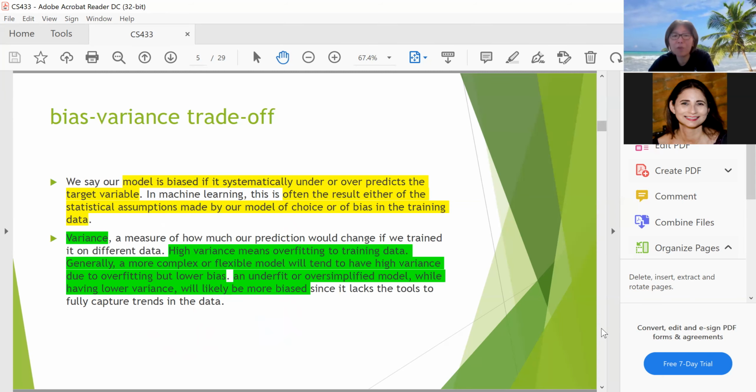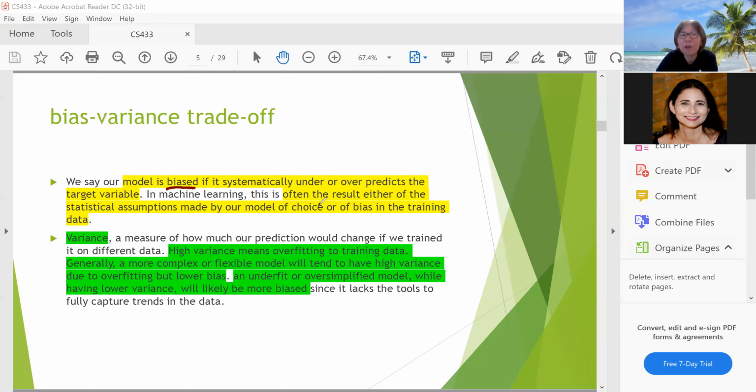Okay, trade-off. We would like to have low bias and low variance, but sometimes if we cannot, then we need to find the balance. And here it also explained, normally if high bias, it can be caused by what? It's systematically under or over predicting the target value.